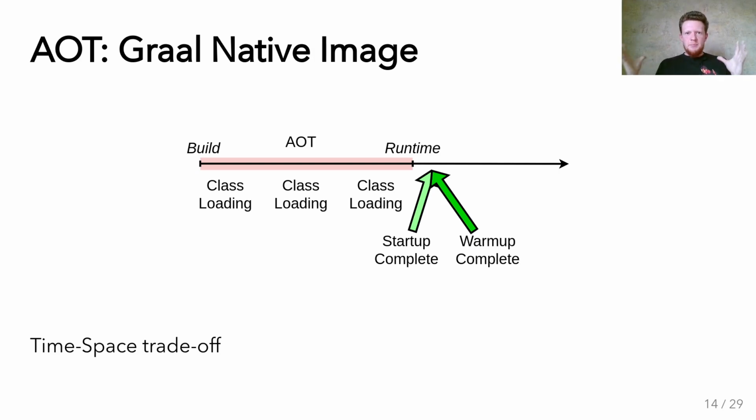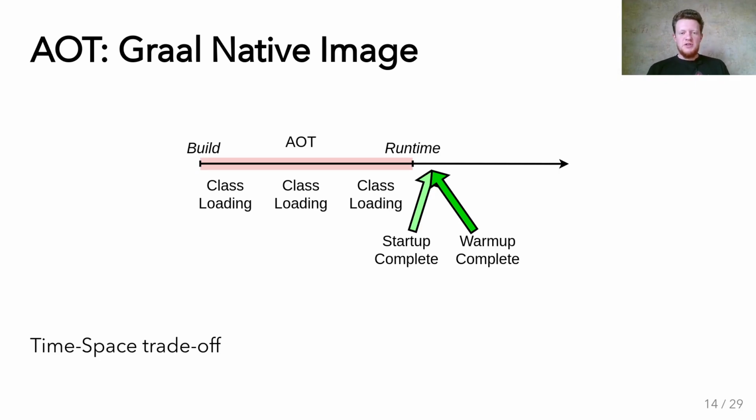So a part of the computation is moved from runtime to build time, and this could be seen as an implementation of a very general approach called time-space trade-off. Instead of lengthy and costly computations for the bytecodes, we pre-compute them at build time and store the results of this class loading and the resulting compilations in the image.